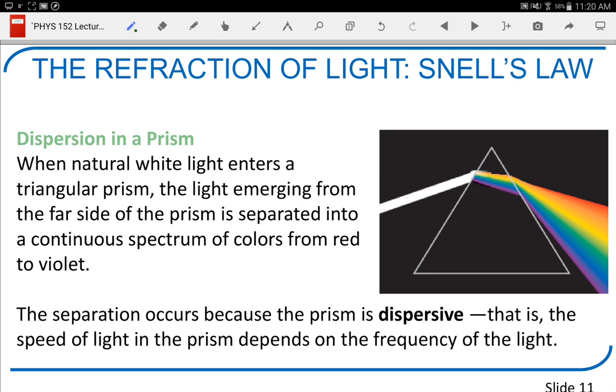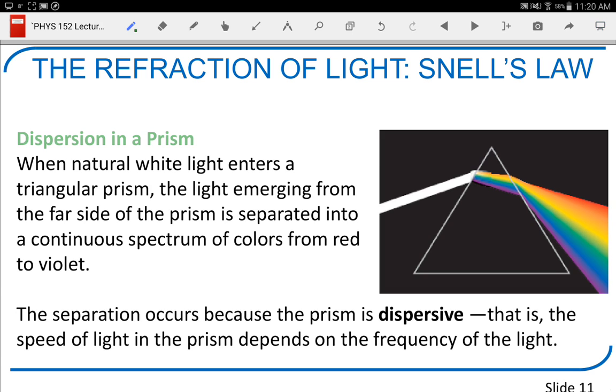So, the question we started with was, why are the colors spread out in the picture? It starts with a simple fact. We learned that the speed of light is different in glass than it is in vacuum. Well, it turns out while the speed of light is the same for all colors in vacuum, if you're in something besides a vacuum, the speed of light varies by color.